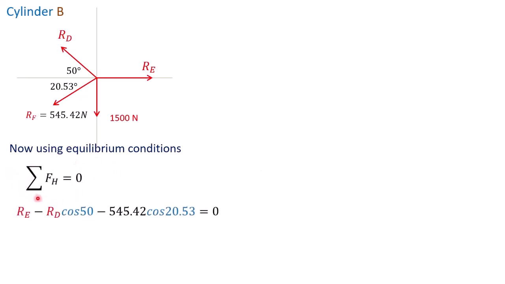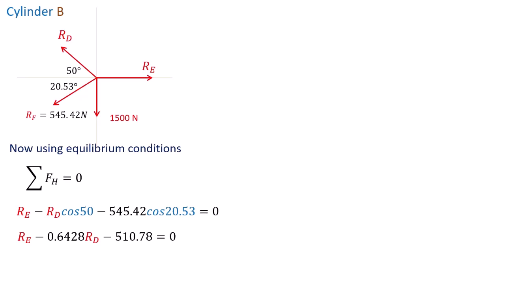The summation of horizontal forces is equal to 0. RE minus the horizontal component of RD minus the horizontal component of RF. Both RD and RF components are on the negative side of the horizontal axis. By solving, we get this relation.